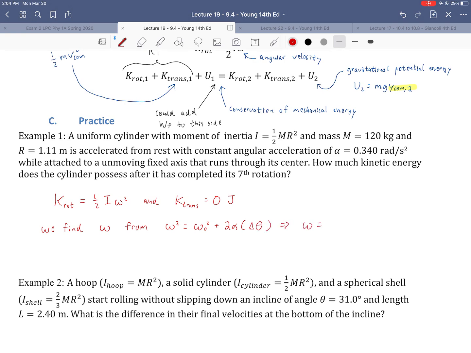Let's point out some things that we know. We know that omega naught is 0 because it starts from rest. And we know that delta theta is going to be 7 times 2 pi because it's 7 complete rotations.